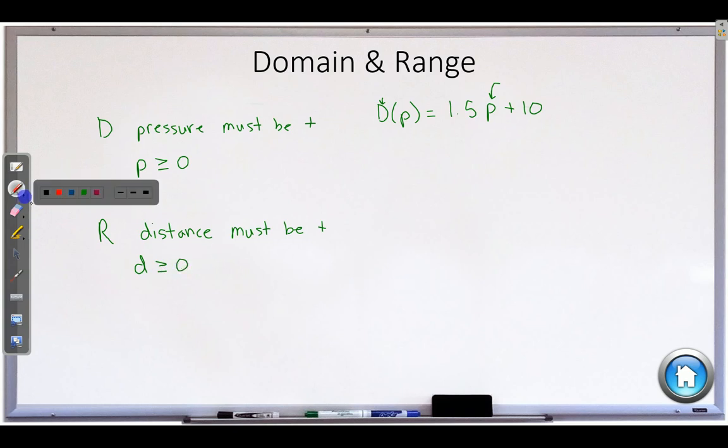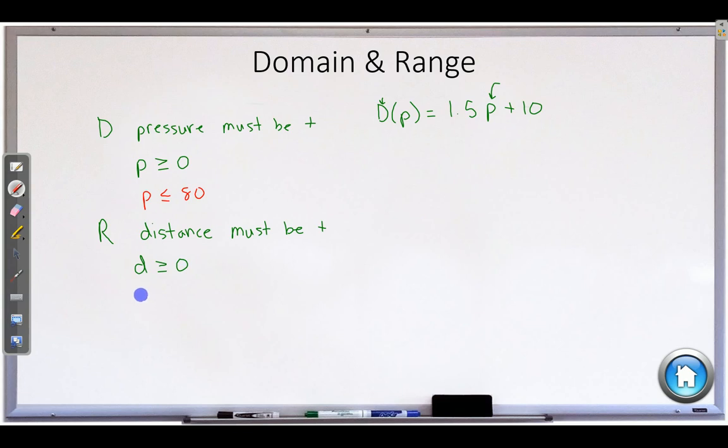Now if you really wanted to get fancy here, you could put even more constrictions. The air cannon, you cannot pump it up to an infinite amount of pressure. So to be safe, I usually say the pressure must also be less than about 80 psi is about as far as I'm willing to do this.